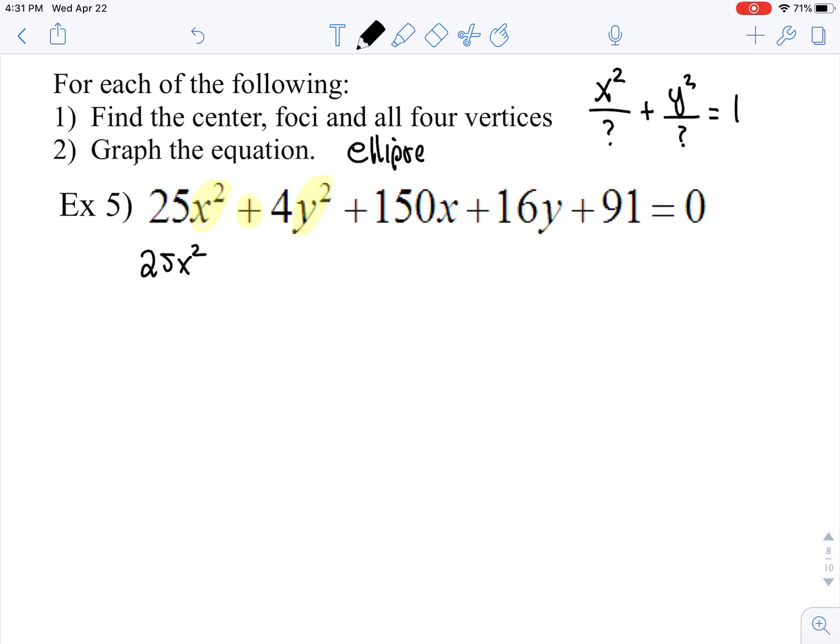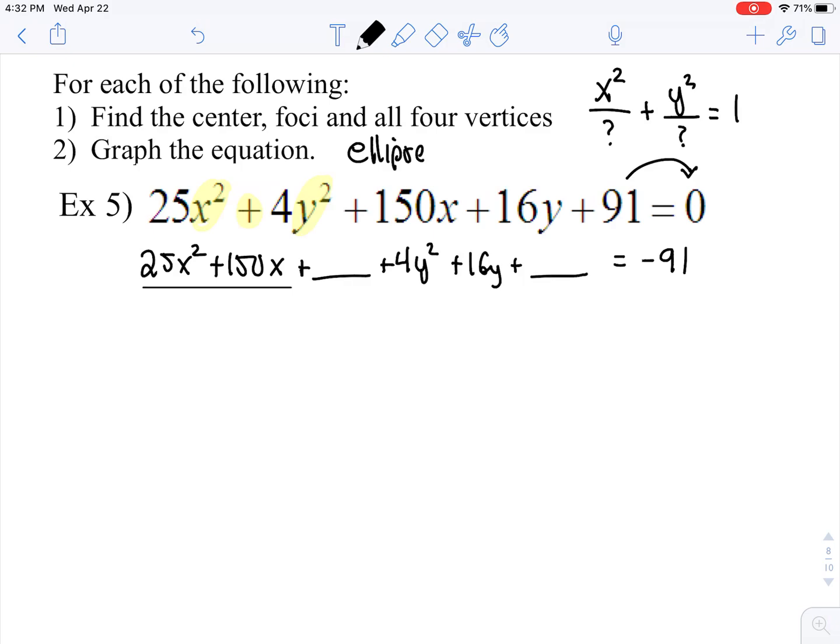We're going to group our 25x squared plus 150x, and then we're going to leave a blank. We're going to group our 4y squared and our 16y, and again, we're going to leave a blank. And then we're going to bring that constant to the other side, negative 91. Okay, now, what are we going to do in here? In here, I would like to do a little bit of factoring first.